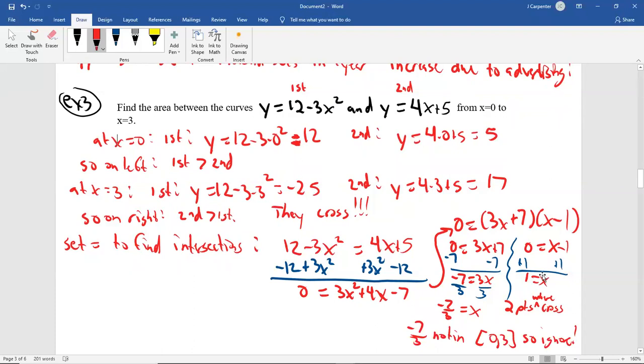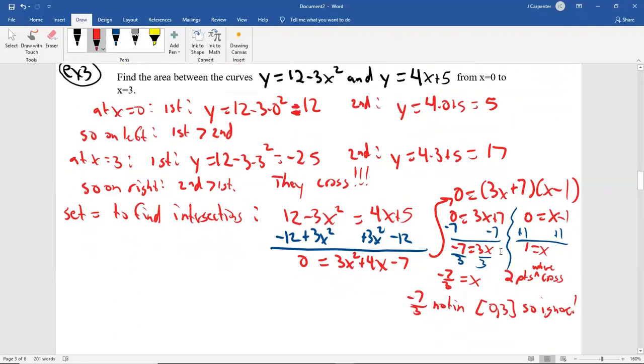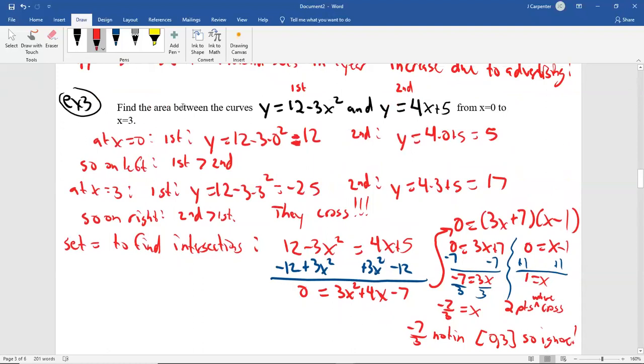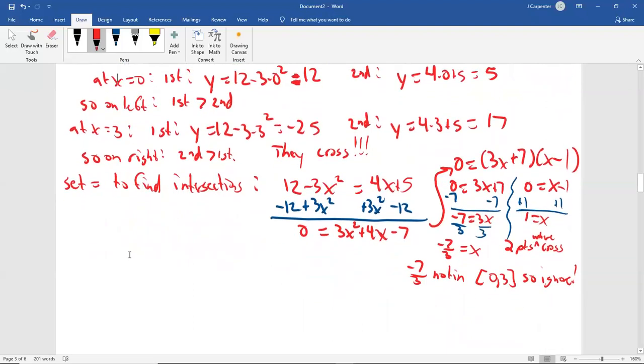The first example we did graphing, then algebra, so I wanted to flip-flop it here. So we're integrating from 0 to 3, but not quite. Since they cross, we can't just integrate 0 to 3 in a single integrand.